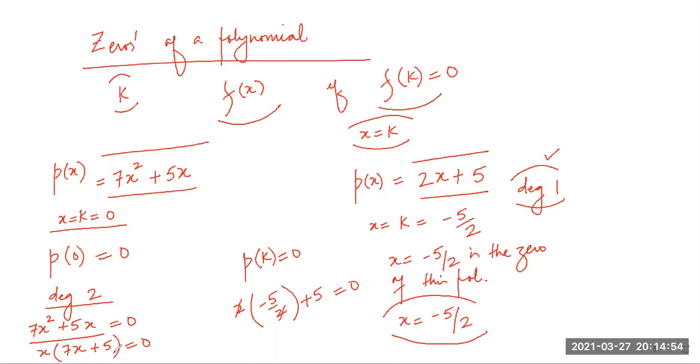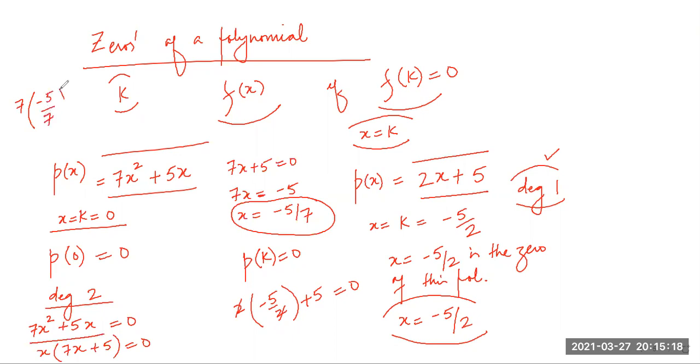That will give me two values for zeros of this polynomial. One is x is equal to 0. Second will be 7x plus 5 is equal to 0. So 7x is equal to minus 5 and x is equal to minus 5 by 7. This is another zero of this polynomial. If you just put this value here, 7 into minus 5 by 7 whole square plus 5 into minus 5 by 7, see what is the result?